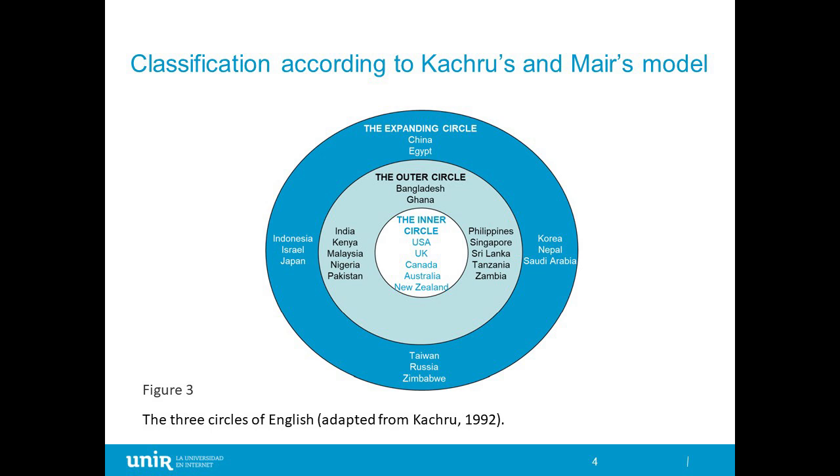We can establish in this circle the most popular, most dominant English varieties like the United States, Canadian, Australian, New Zealand English, but Irish was not part of that circle. We have the expanding circle, which includes the regions where the performance varieties of the language are used essentially in EFL contexts. As I mentioned before, Irish English was not considered in this theory yet.